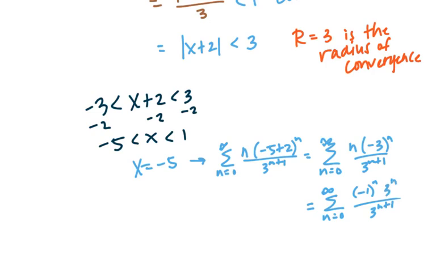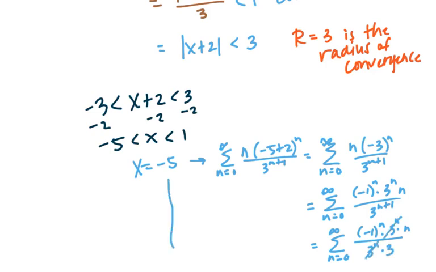That gives us this negative 3 to the n, and then we have an n here. Now, as you can see, on the bottom we have 3 to the n plus 1. So we have negative 1 to the n times 3 to the n times n, and on the bottom, we have 3 to the n times 3.